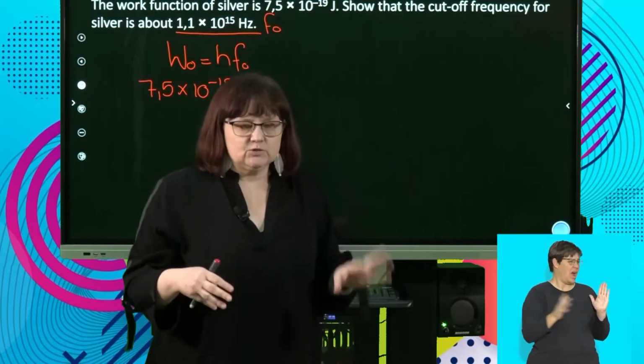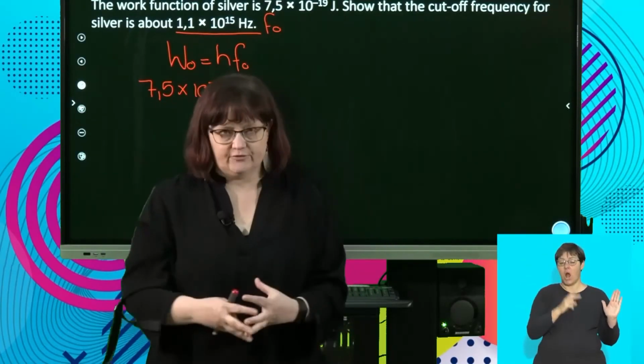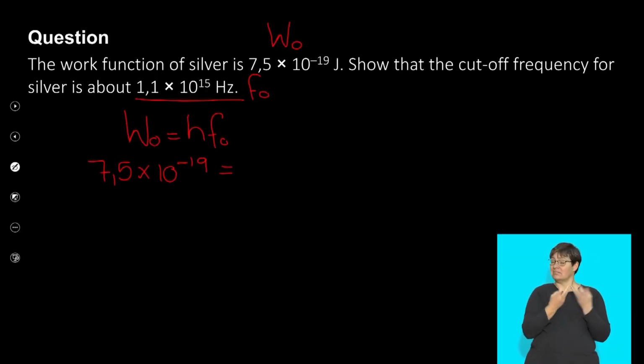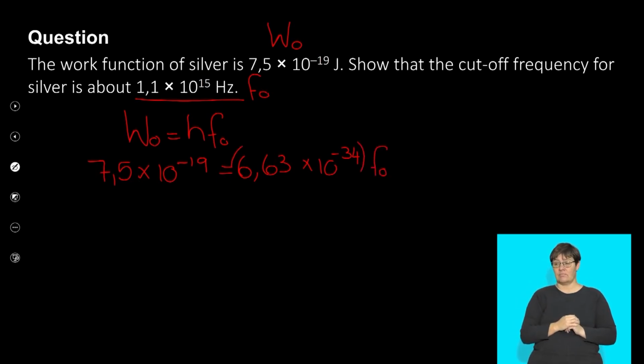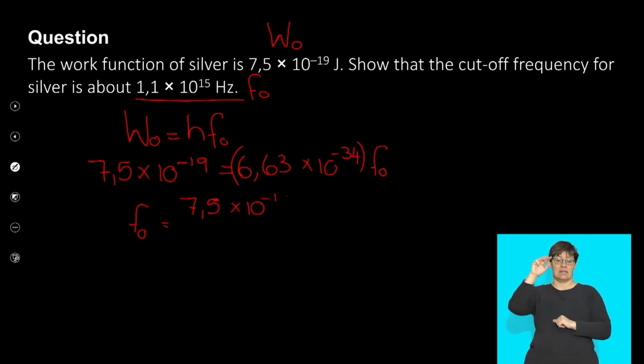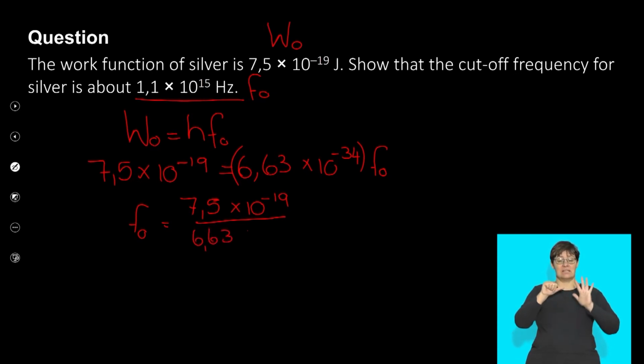Don't go, oh, I know this one. Look it up because there's lots of constants that you use. This constant is 6,63 times 10 to the minus 34. And I want f0. So to get frequency on its own, I'm going to go 7,5 times 10 to the minus 19 divided by 6,63 times 10 to the minus 34.